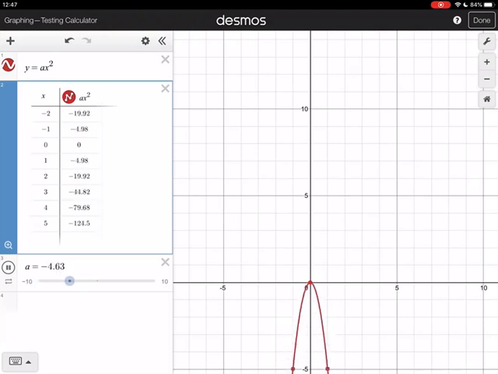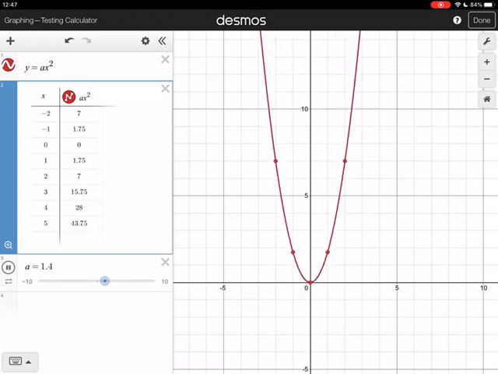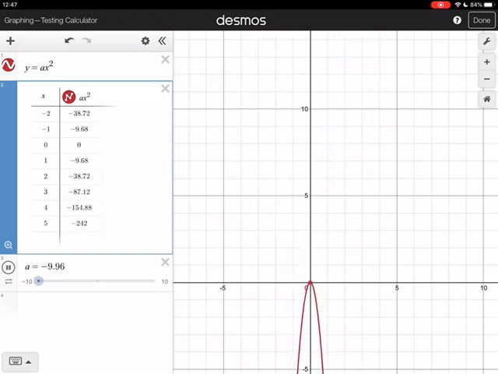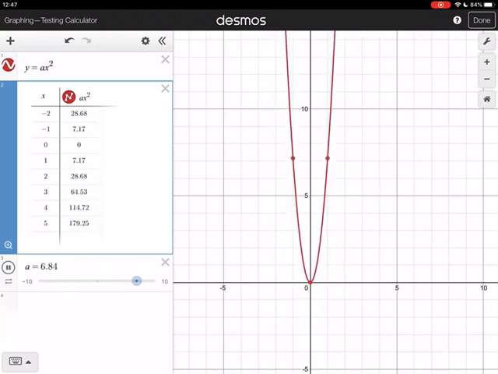So if you notice, when A is positive, your graph is opening upwards. And when A is negative, your graph opens downwards.